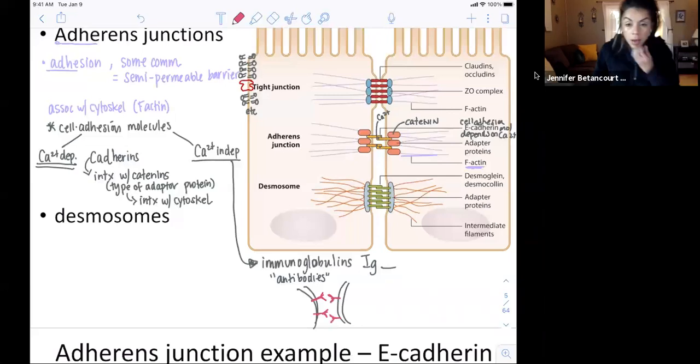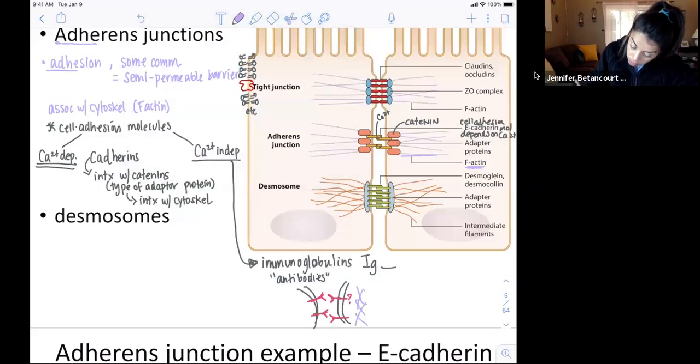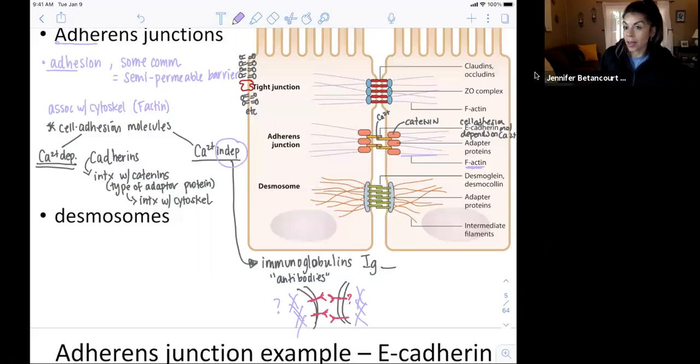Immunoglobulins of the same type usually interact with one another, but we do not know if they go all the way through. We do not know if they interact with the cytoskeleton. Question mark. We don't know. Okay, but importantly, they are calcium independent. So your immune system doesn't totally rely on calcium.